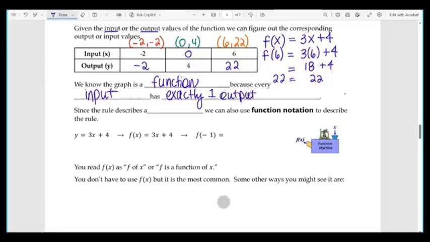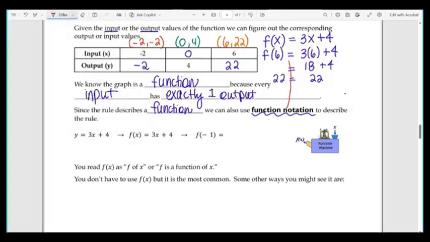Since the rule describes a function, we can also use function notation, just like we did here, to describe the rule. So again, we started with our equation, y equals 3x plus 4. Function notation means instead of a y, I'm writing this f of x.